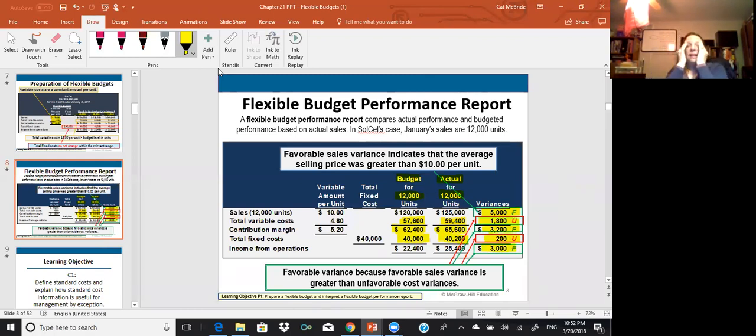One thing I want to point out is this is like adjusting for a flexible budget. But the other thing I want to point out is when you have a variance, whether it's favorable or unfavorable, you still want to go investigate. It's not good enough to say, woohoo, we should have sold 12,000 units for 120,000, but we sold it for 125,000, yay, we're over. You still want to go find out, why are we over?